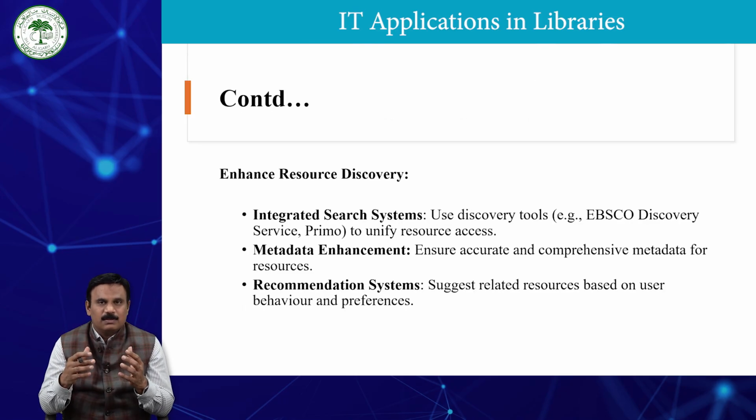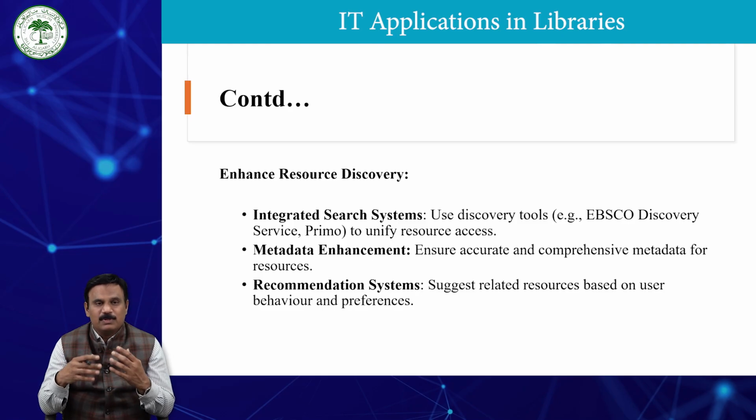The second aspect is enhanced resource discovery. We have to adopt integrated search systems. For example, we have to use discovery tools like EBSCO Discovery or any other discovery tools like Primo to unify the resource access so that people can have an integrated search facility to search information among various databases.